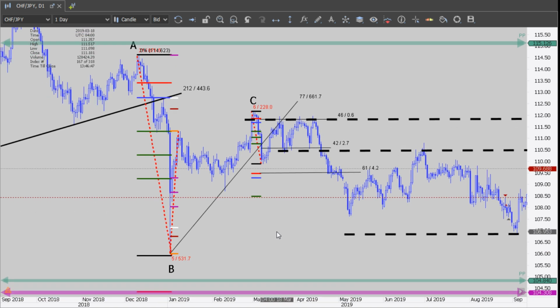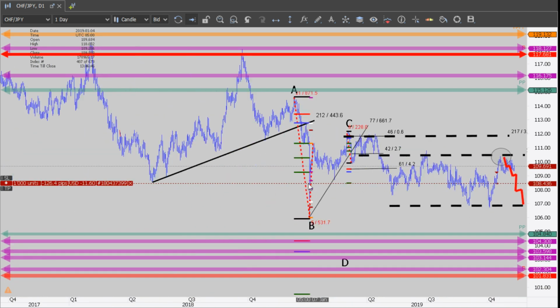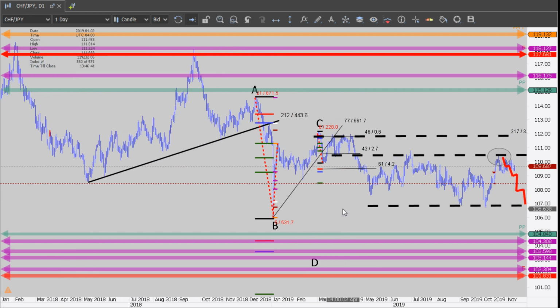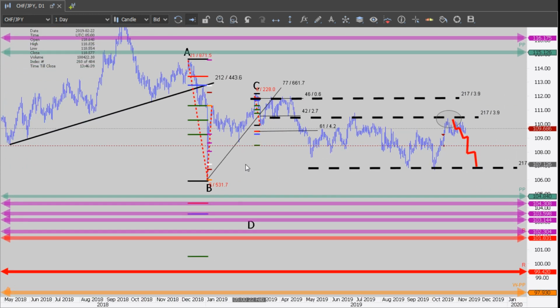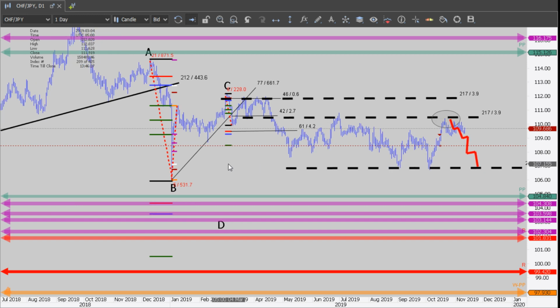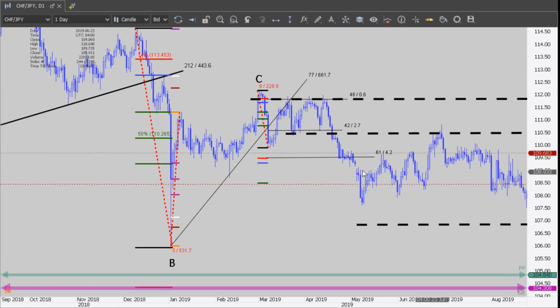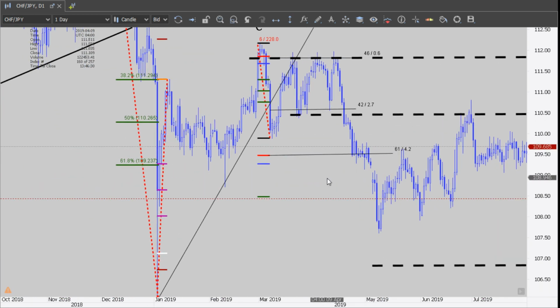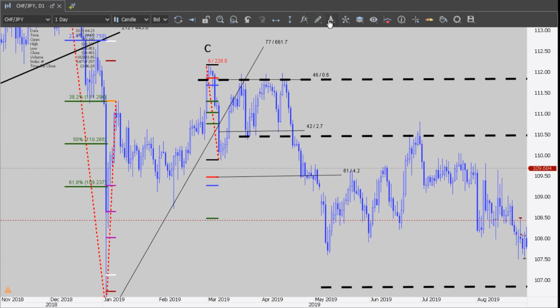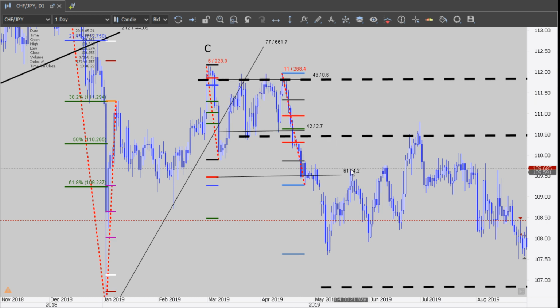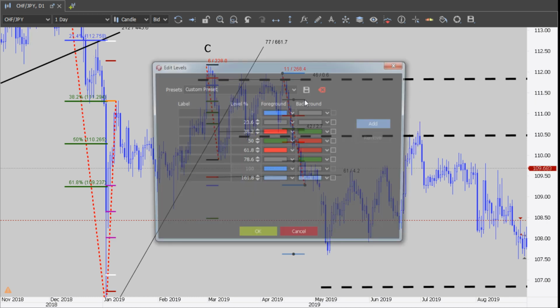We have a down Fibonacci original one. We have an up contrarian Fibonacci. We don't have a confirmed C, but we have a Fibonacci of the confirmation, and we can adjust this Fibonacci of the confirmation. So red goes to red. This is our second Fibonacci of the confirmation.